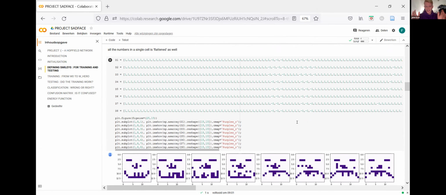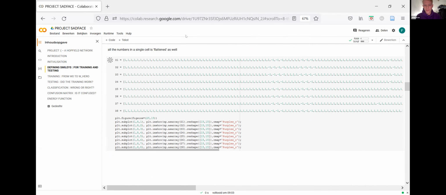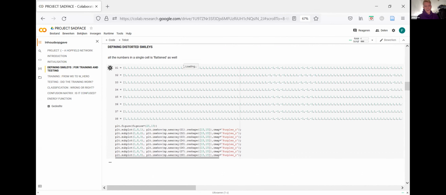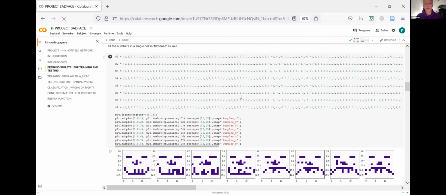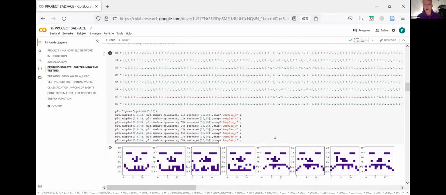This should test our network: if it could still recognize the sad or the happy in the faces, then we would be proud of our network. And this is the second method, which is way harder to work with. It's all the numbers in just one cell. The advantage is that you don't need to flatten it anymore, but it's very hard to see where you change your 1 into a -1.